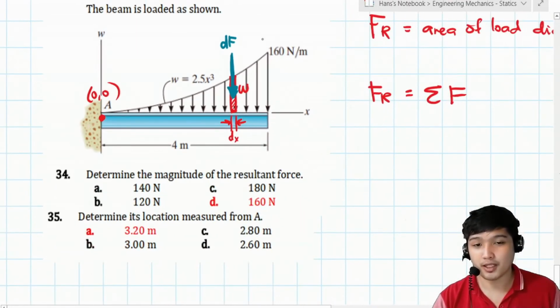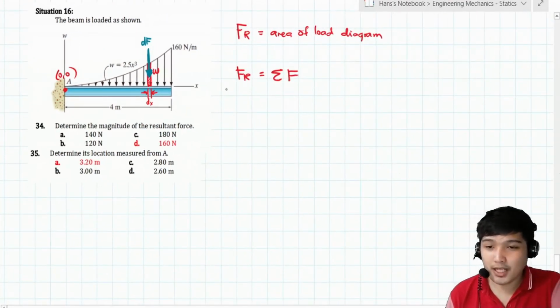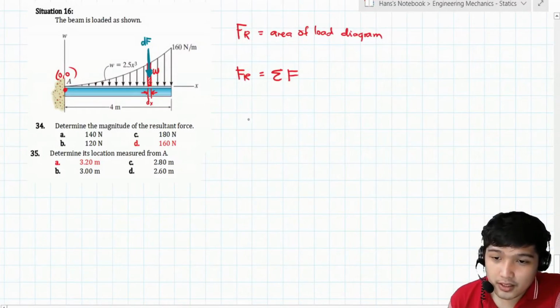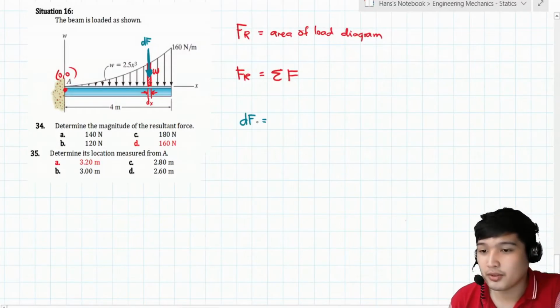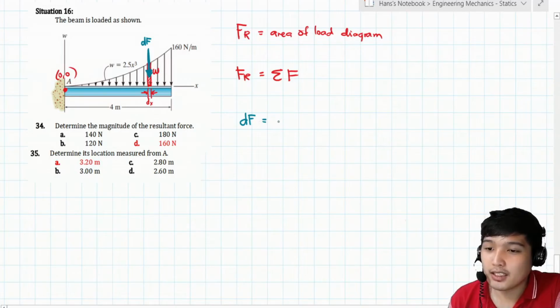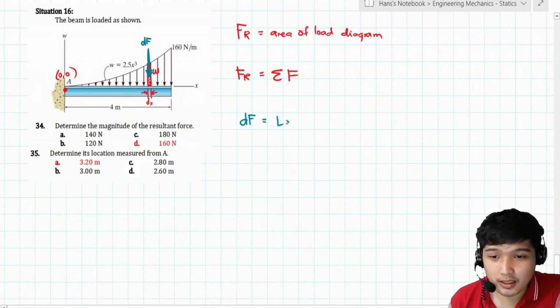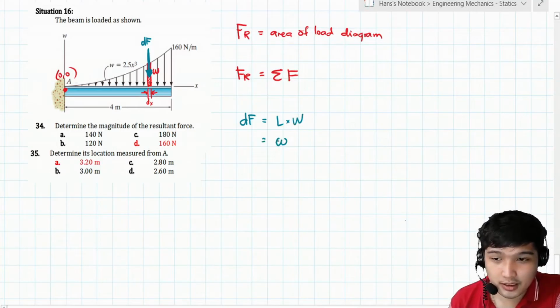So same concept lang. Sabi natin, di ba, ang differential force using the figure ay yung area nung rectangular strip natin, which is paano yung area class? Length times width, di ba? Where yung length is yung intensity.